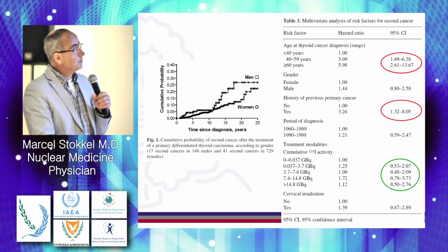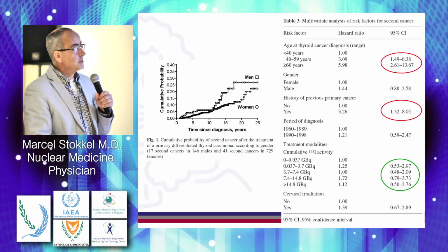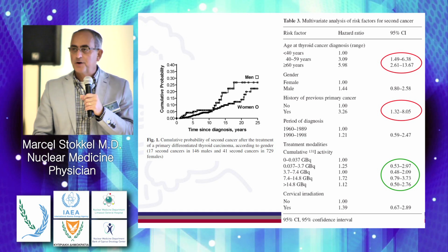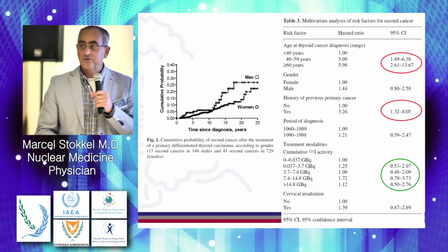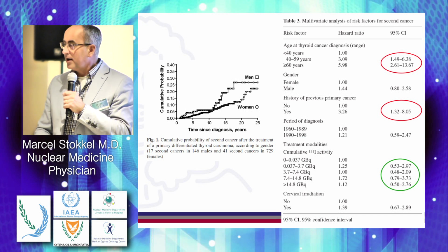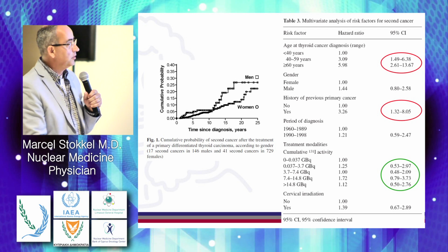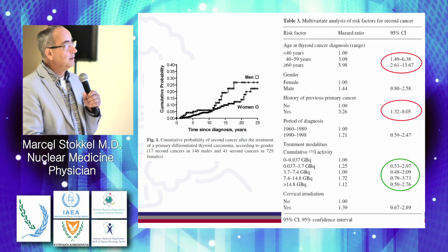What you see here, age is a highly important factor. The older patients are, the higher the risk of second primary tumors. And this is the group of patients that underwent radioiodine treatment. So radioiodine might be an important factor, but you see age is also an important factor.